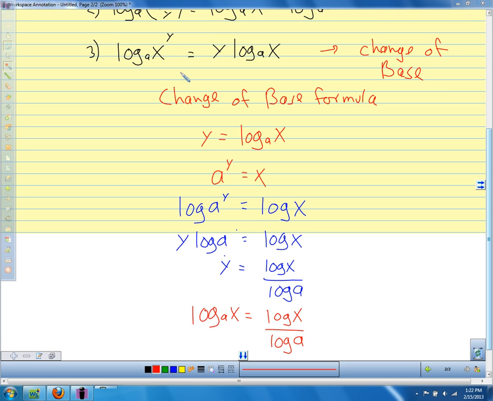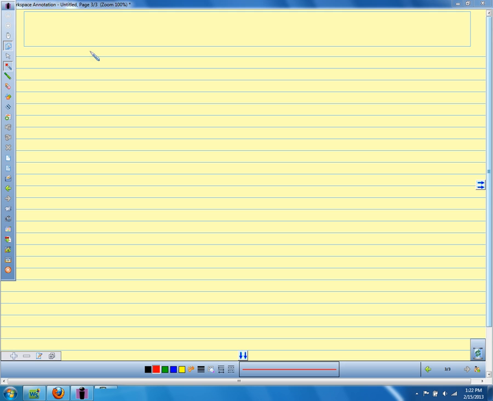All right, the way we're going to use these properties of logarithms is expanding and condensing logarithmic expressions. That's going to be the main thing that we use this for. So the first thing we're going to do is an example of expanding.